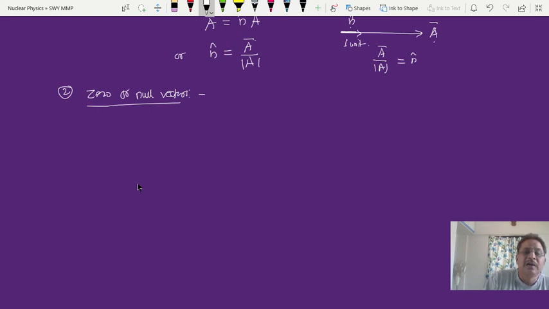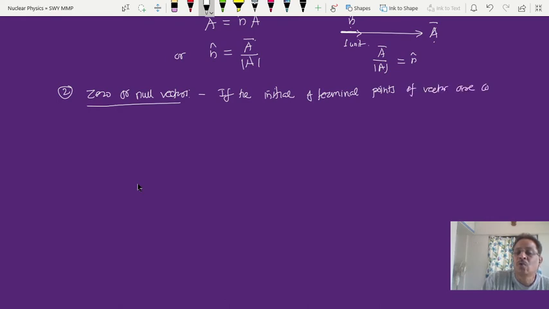If the initial and terminal points of a vector are coincident, meaning the initial and terminal points lie at the same point, the vector is called a null vector.